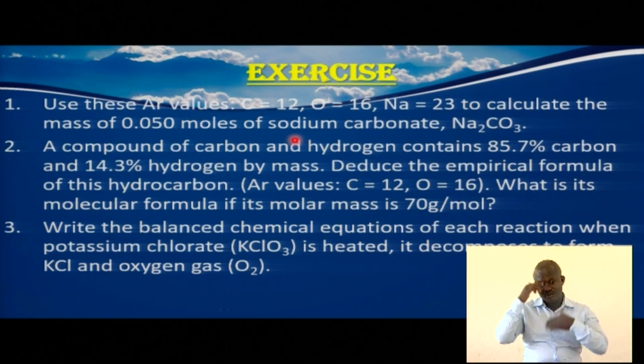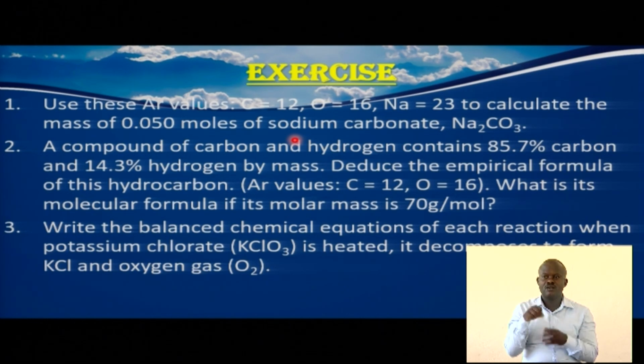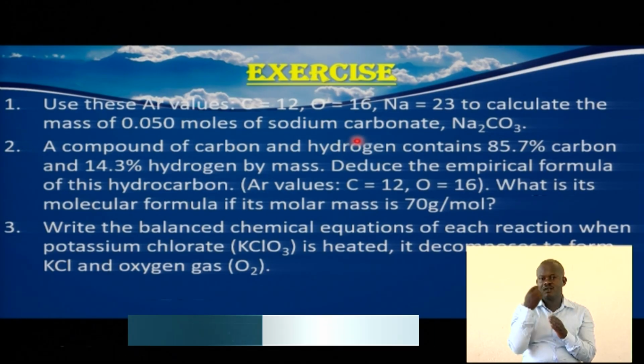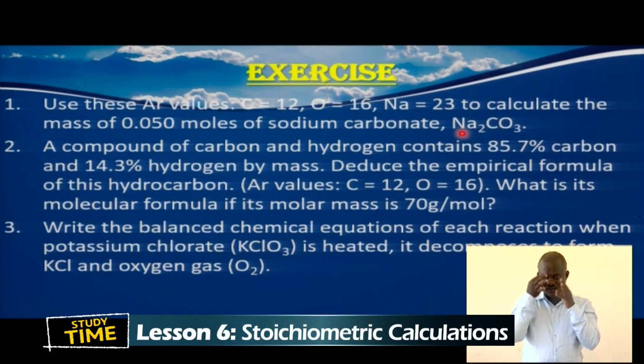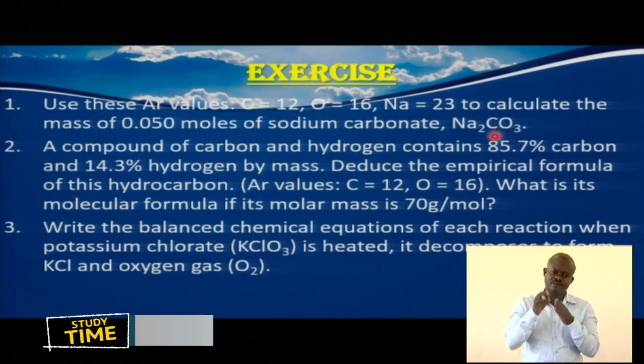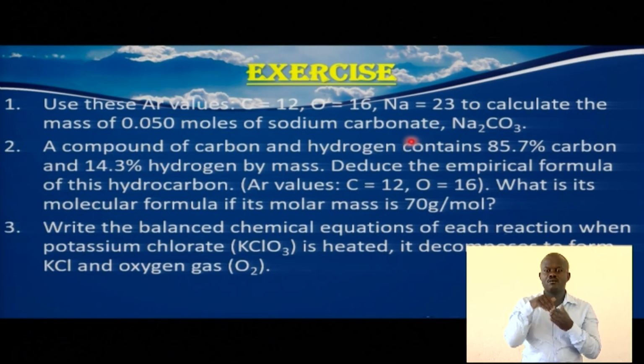Remember, using those values, we can determine the molecular mass when we have 1 mole. So if we can determine the molar mass of this compound, that will be the mass for 1 mole. So you can use that and the value of moles we have here to determine the mass corresponding to this number of moles.